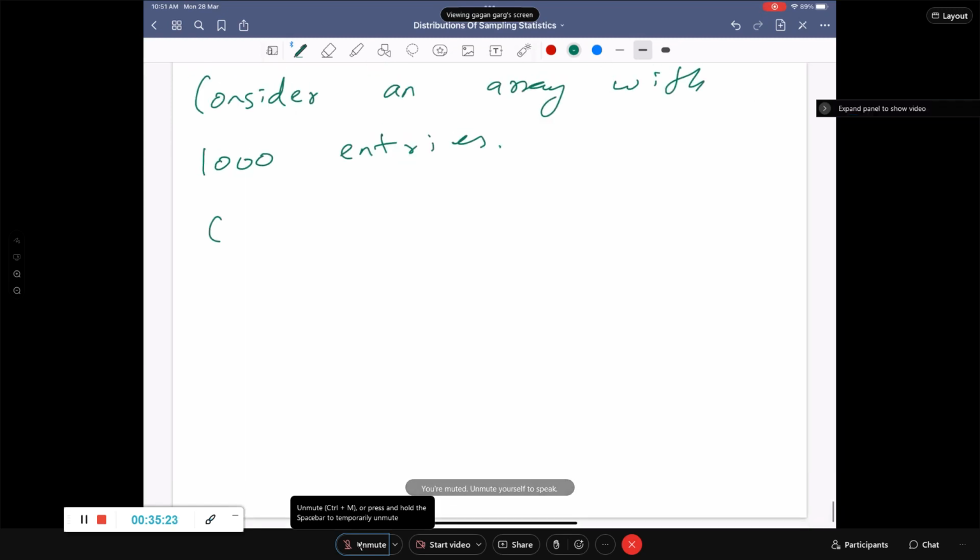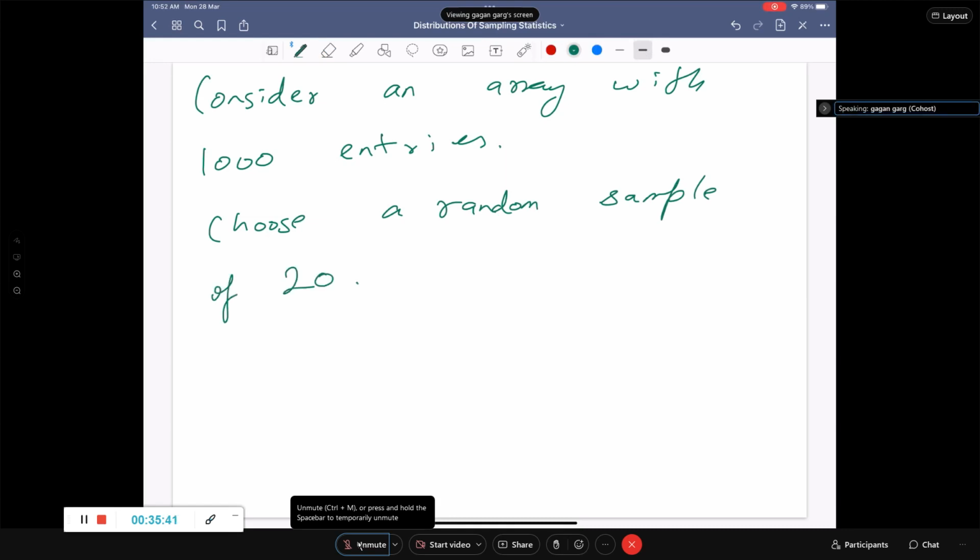And the problem is choose a random sample of, let's say, 20. How will you do that? Let's say you're coding in C or Python or Java or Pascal using some programming language. How will you choose a random sample of size 20? What will be your algo? What will be your code?